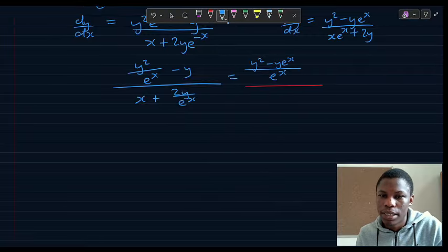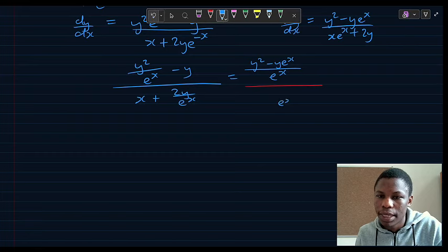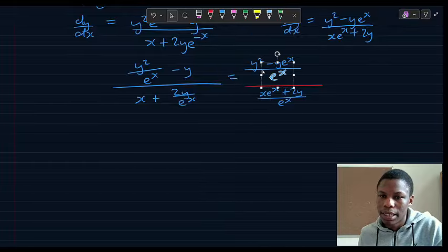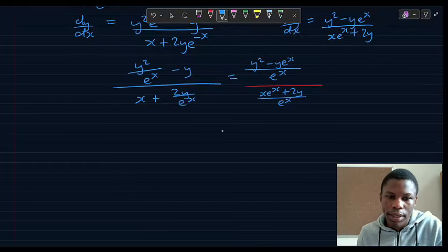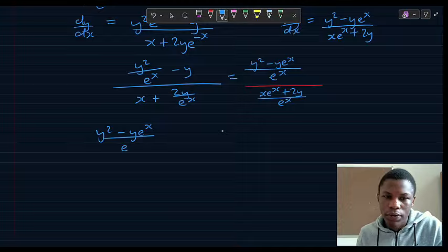We're going to do the same thing in the denominator. So put everything all over e to the x. And so that becomes x times e to the x plus the 2y. And I hope that you can see that the e to the x's will just cancel out. Because it's going to be y squared minus y e to the x over e to the x.